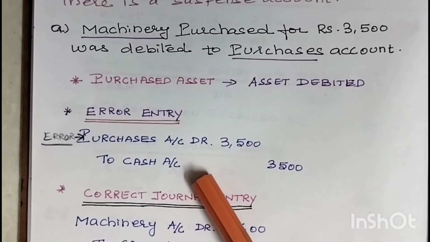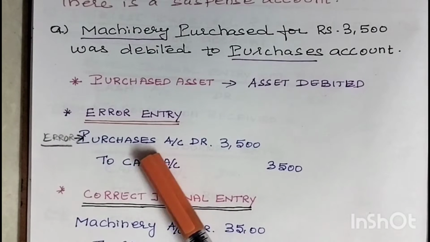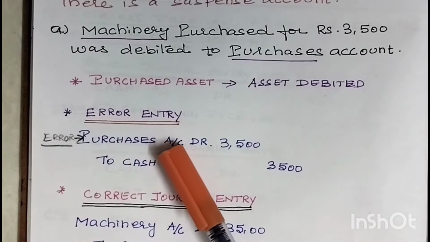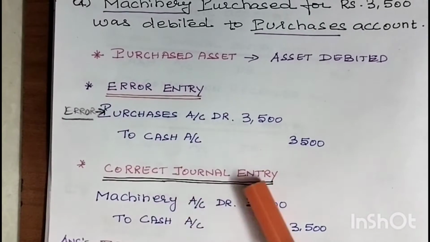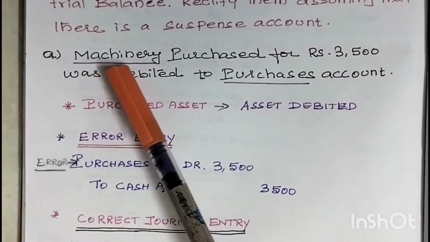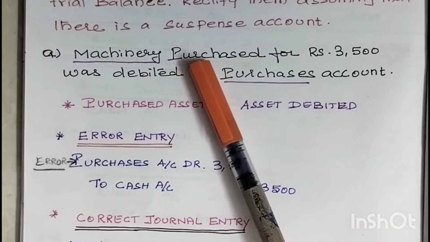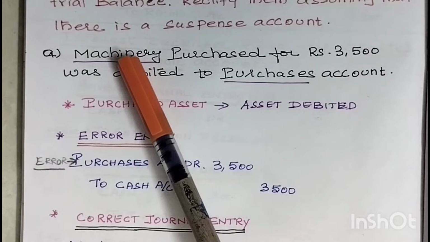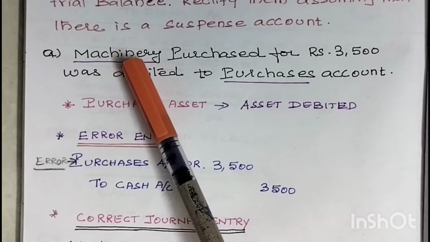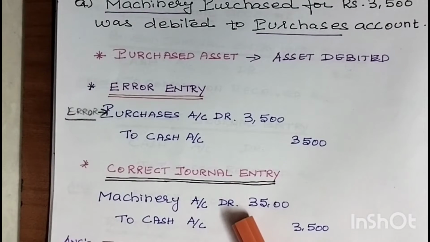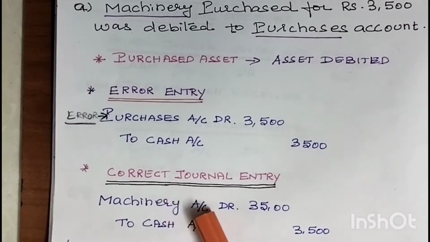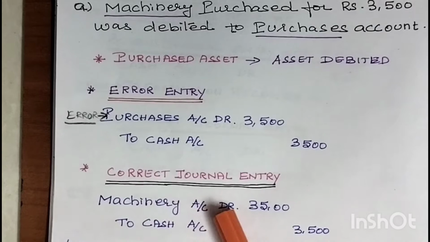Let's take the debit side. They wrongly entered purchases account on the debit side. In the correct journal entry, when they purchase machinery, we have to enter the name of the asset account. The name of the asset account is machinery account. So machinery account is to be debited.